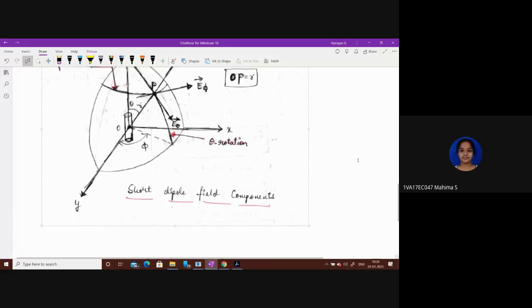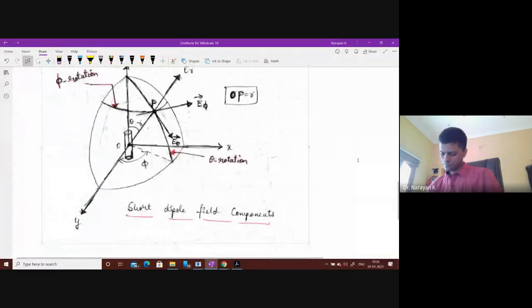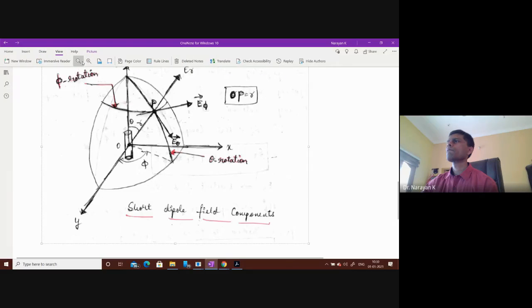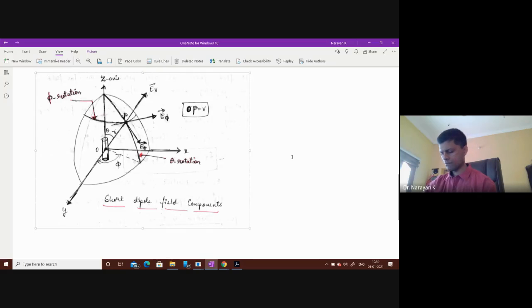Yes, sir. This is a short electric dipole. I'm placing it in a spherical coordinate system where you have components E_r, E theta, and E phi. That's all this figure is. Nothing to get worried about.